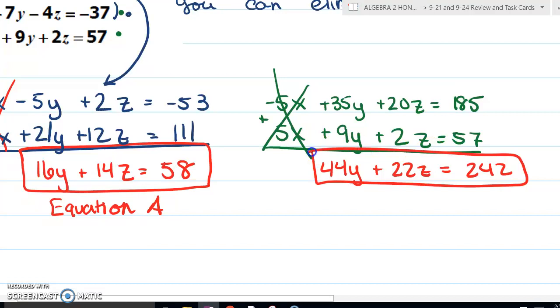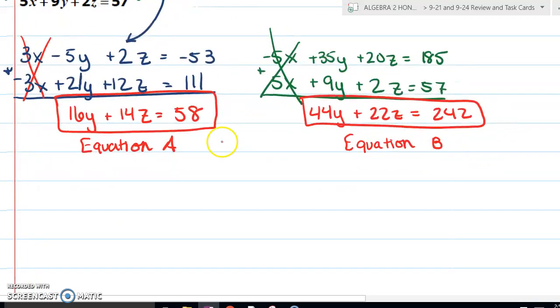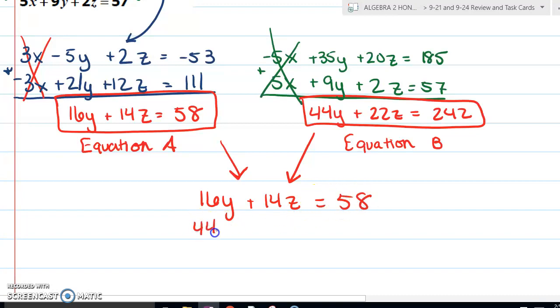Okay, so with those 2 equations, now I have equation A, and this will be called equation B. And with those 2 equations, both of those have a y and they both have a z. So this brings us to exactly like you did previously with systems of equations, where we have 2 equations with 2 variables and we can solve.